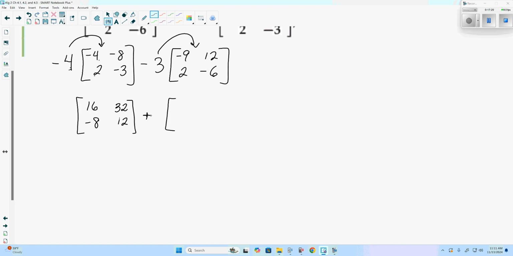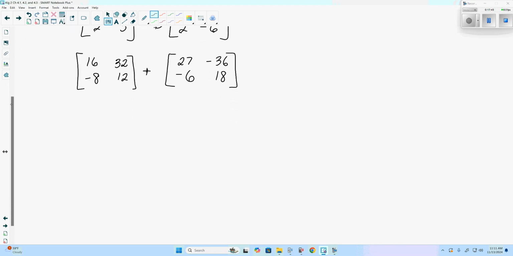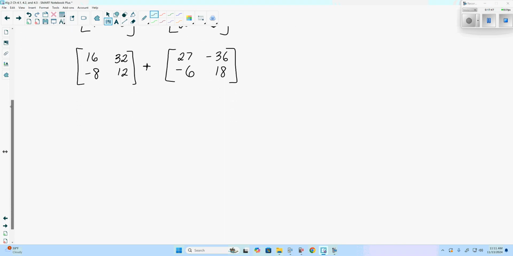So I'm going to multiply through by negative 3. Now negative 3 times negative 9 is going to be positive 27. Negative 3 times 12 is going to be negative 36. Negative 3 times 2 is going to be negative 6. And negative 3 times negative 16 is going to be positive 18. Questions on how we got to this point here?